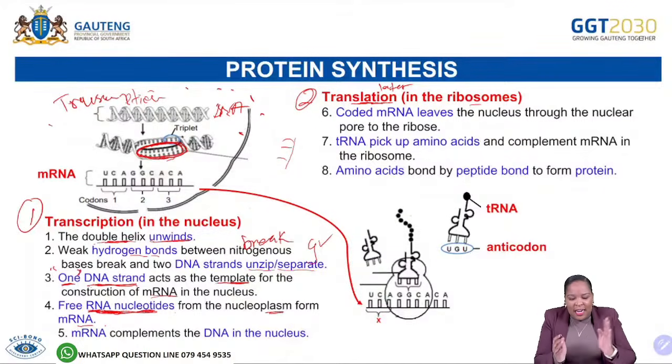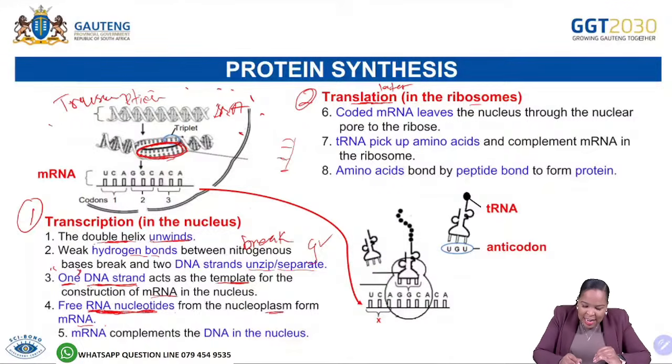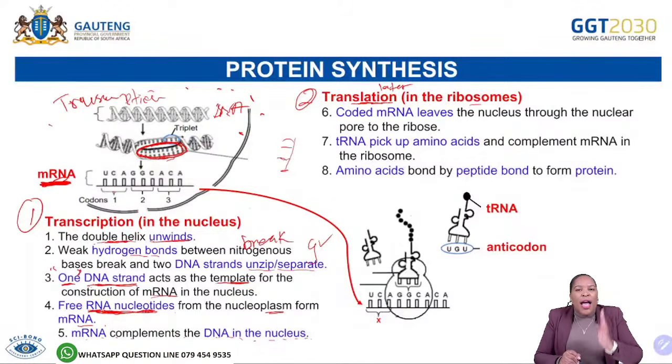So as it comes and attaches to that exposed template, it is copying the code from DNA and forming what? mRNA. And that new mRNA that is formed, what is going to happen to it? It complements that DNA in the nucleus. Remember why it complements?